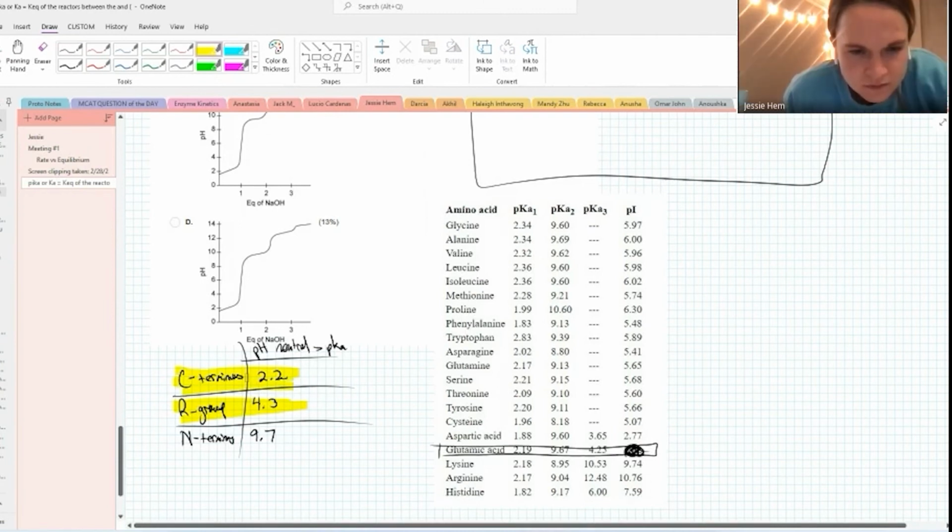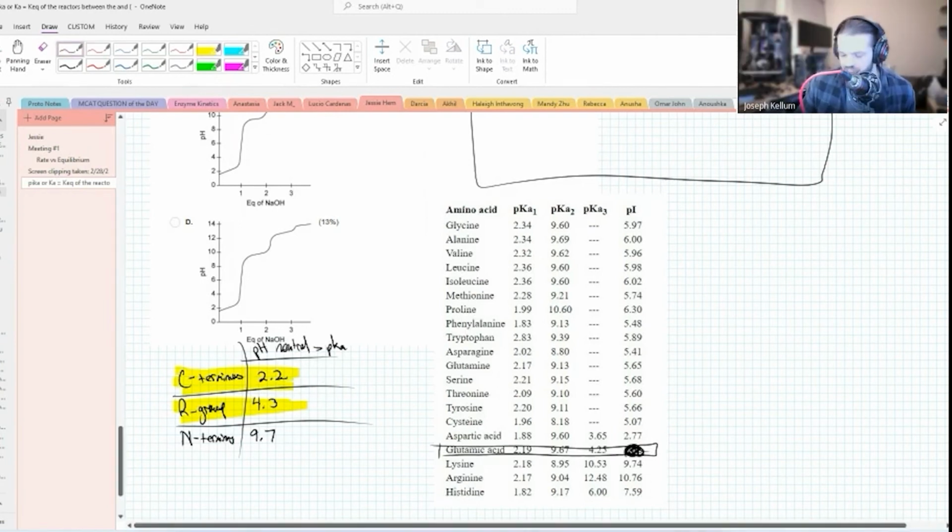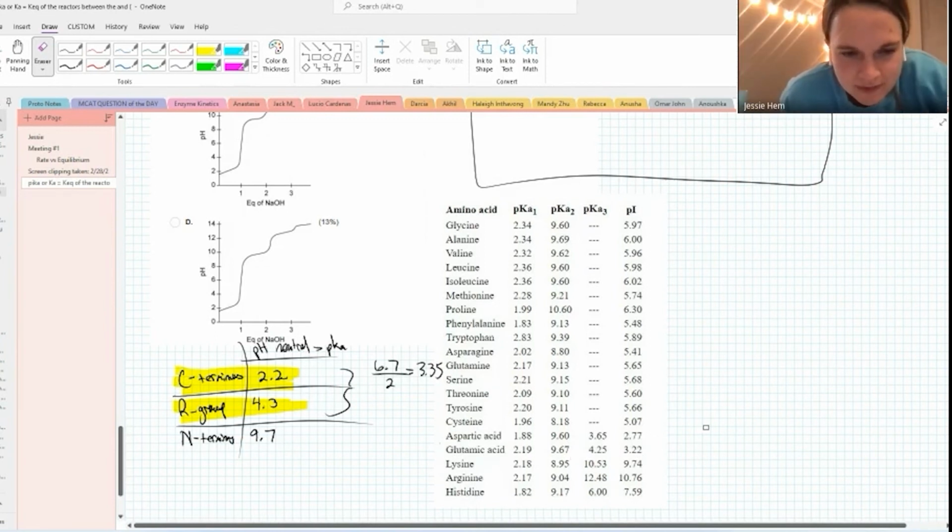So you just find the two that are alike and then average them, and that's all. So the average of 2.2 and 4.3: we add those together, 6.7, divided by 2, 3.35. The table says 3.22, so close enough. Yeah, that's plenty close for the MCAT. Okay, that makes sense.